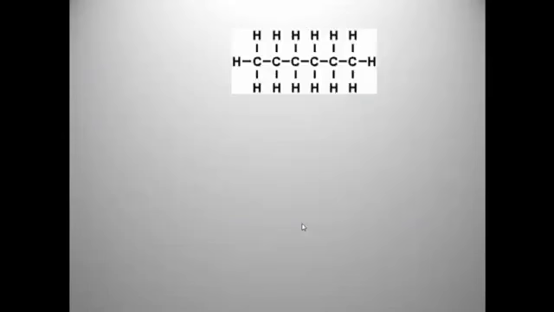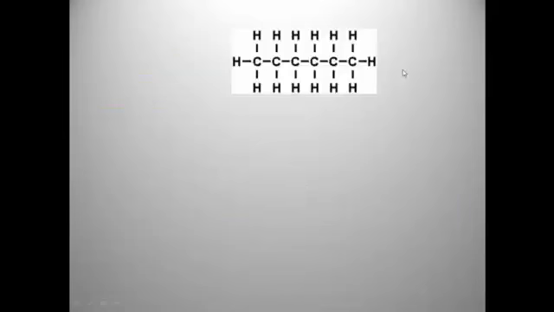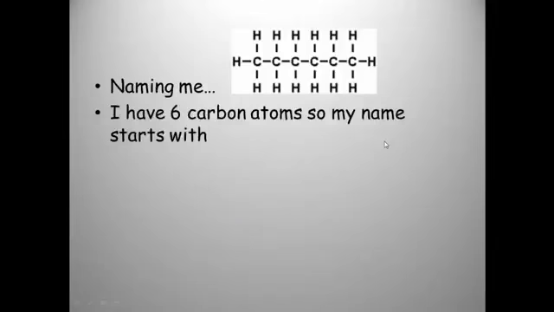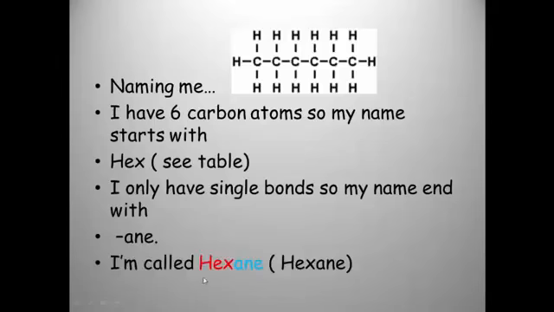So let's just have a look at some examples of this. What is this? 1, 2, 3, 4, 5, 6. So 6 carbon atoms is going to start with hex. Now there's no double bond, so it ends with ane. So 6 carbon atoms, hex from the table, single bonds, ends with ane. So it is called hexane. This one: 1, 2, 3, 4, 5, 6, 7, 8.